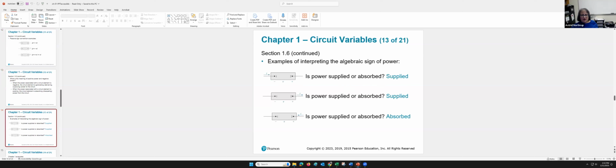Okay, so let's take a look here. What's going on here? We have a positive current and a negative voltage, so that's negative power. That means it's supplied. Same thing here. We have a negative current and a positive voltage, and so that's supplied. Here we have a positive current and a positive voltage, so it's absorbed.